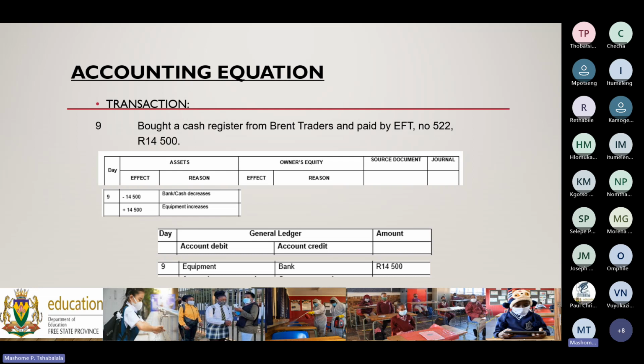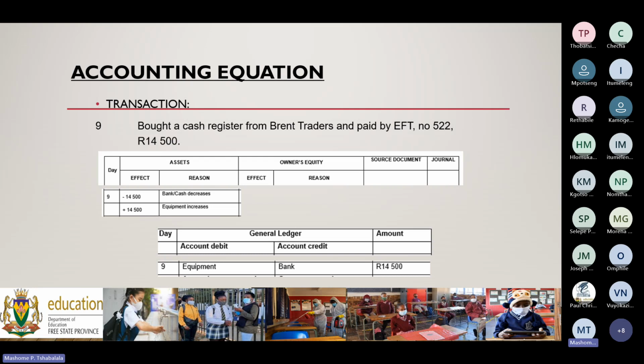When you talk about accounting jargon, we refer to it as equipment. It is a cash register, but you refer to it as equipment. It will be 14,500. Now, when you identify the two accounts that are affected, the first one is bank, and the second one is equipment. Both accounts fall under assets.